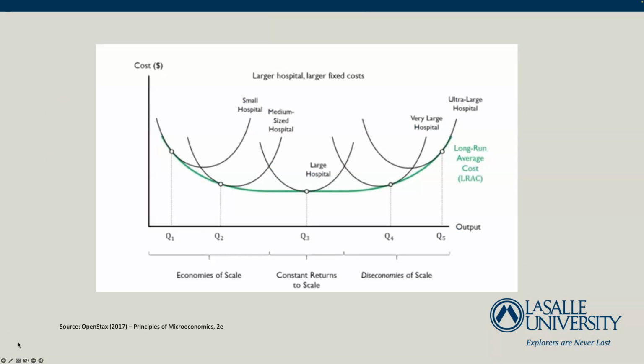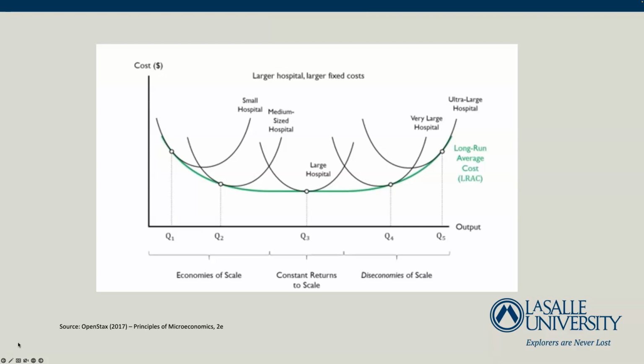Here we have 5 different hospitals ranked by their size, with a small hospital on the left and an ultra-large hospital on the right. We should note first that a larger hospital will have larger fixed costs associated with the size of the hospital and the equipment that has to be purchased, the electronic health record contract that must be signed, and so on.